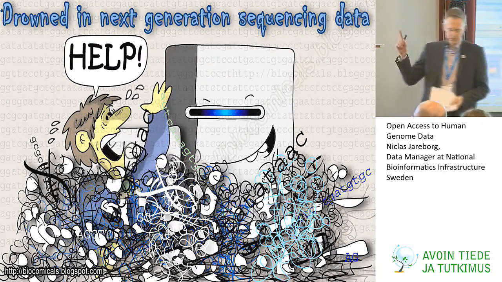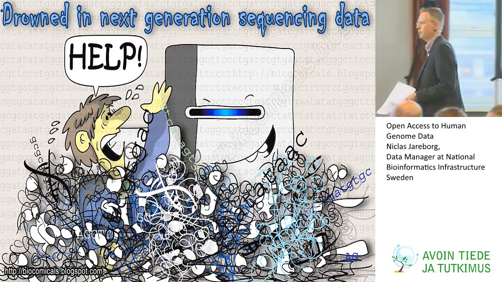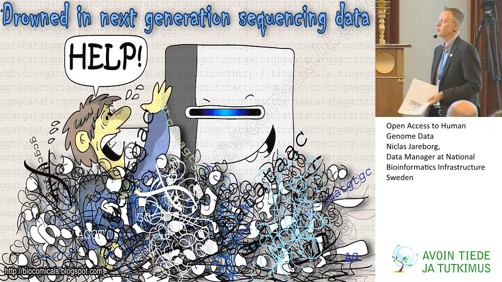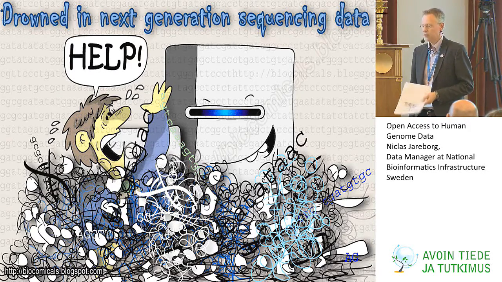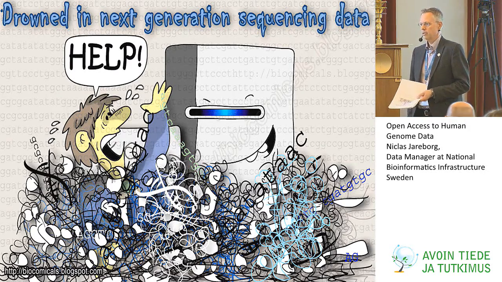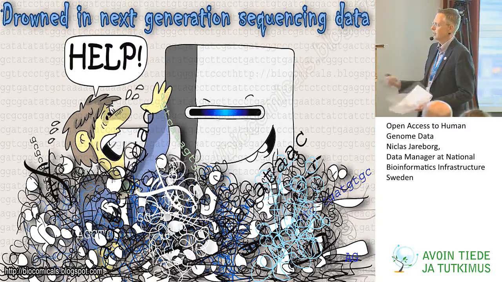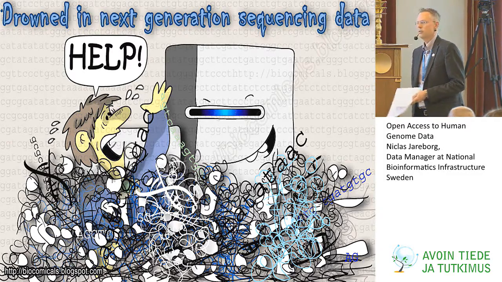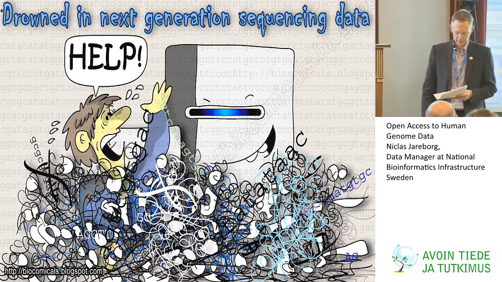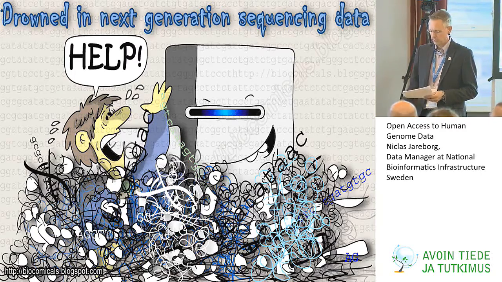You saw in the previous diagram a trajectory of Moore's law, where the capacity of computers doubles in 18 months. Currently, the amount of sequence data doubles every 6 months. So we have to find ways of catching up. And it's estimated that genomics data will, within the next decade, be by far the largest research data domain.